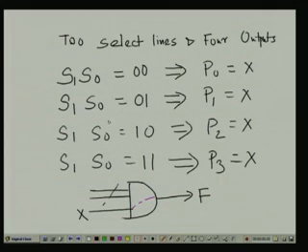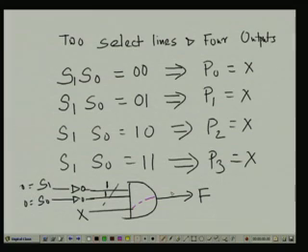As it is 0 0, it should be 1 because it is an AND gate. If S1 is 0, then 0 bar is 1, and S0 bar is 1.